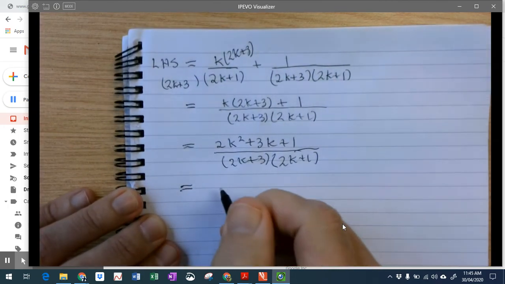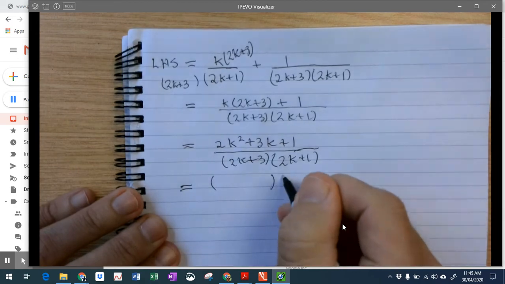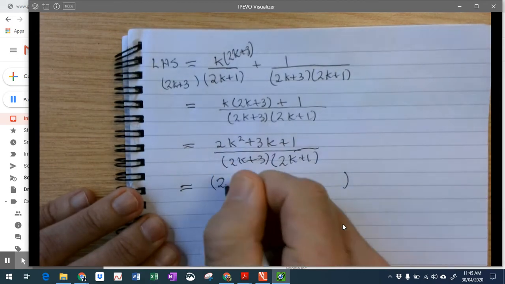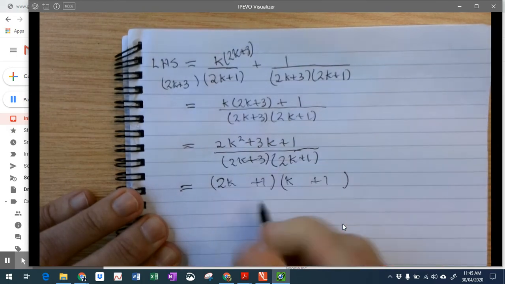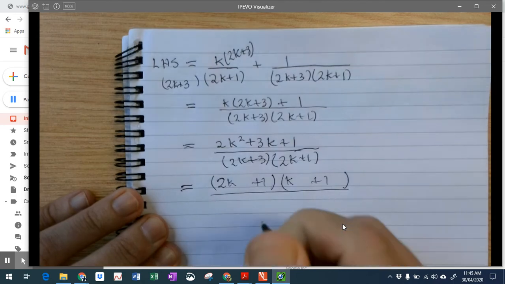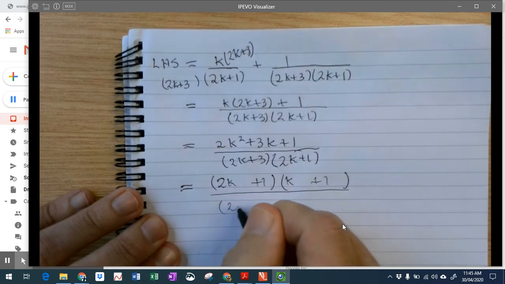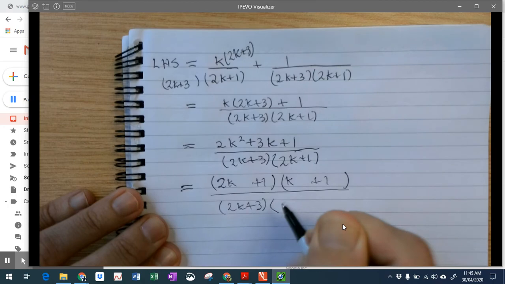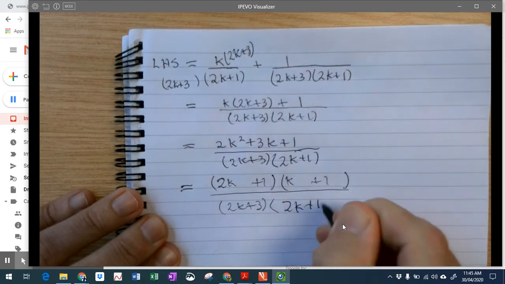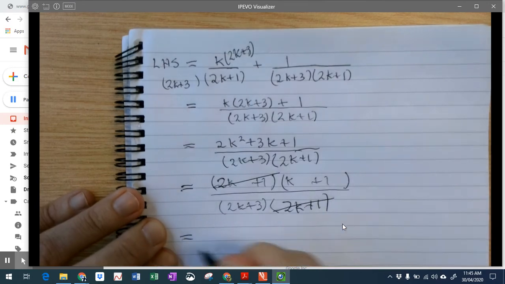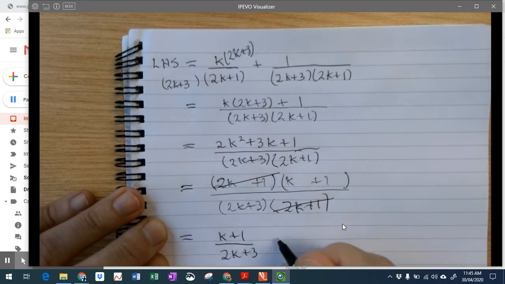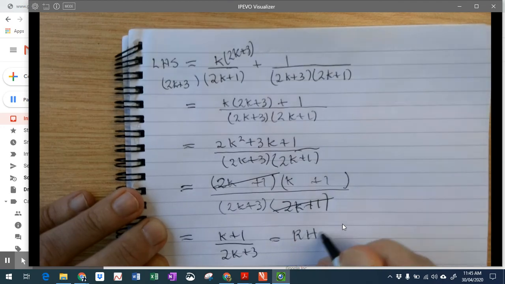Okay, so that is equal to, well, let's factorise, 2k plus 1 times k plus 1 all over 2k plus 3, 2k plus 1. Okay, so that cancels with that, and you're left with k plus 1 over 2k plus 3, which equals the right-hand side.